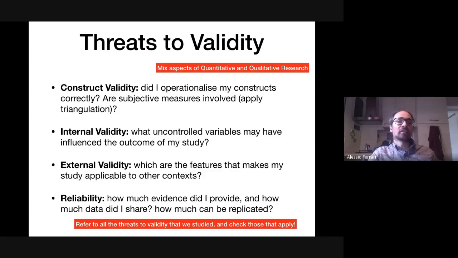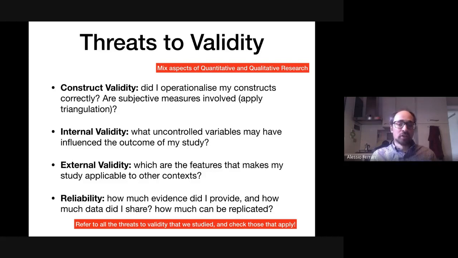If there are, I should have applied triangulation, and I should confirm that this triangulation was used to mitigate construct validity. Internal validity is related to uncontrolled variables that might have influenced the outcome of my study. So not just the variables that I could not control and are part of my context, but other aspects that may have had an influence on my study.